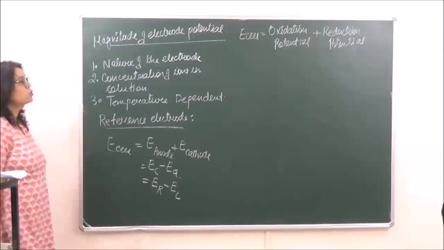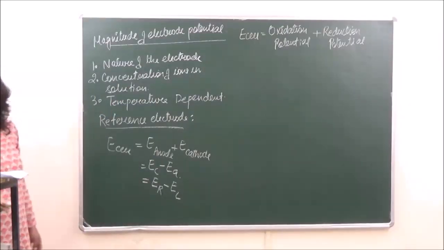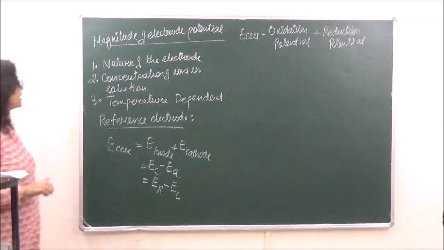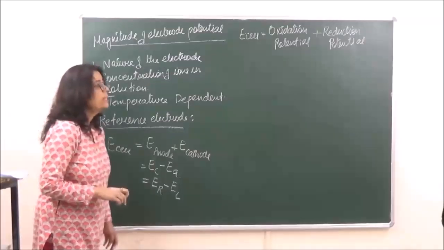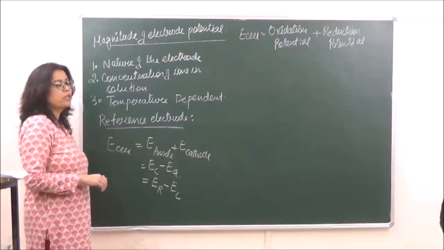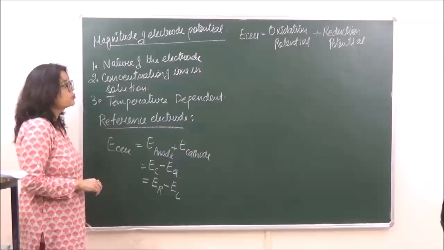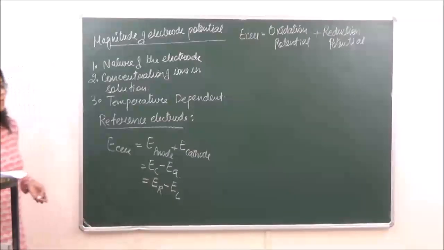So E cell can also be written as oxidation potential plus reduction potential. Now, knowing the value of the reference electrode, we can calculate the value of any metal. So one reference electrode which we are going to discuss today is the standard hydrogen electrode or normal hydrogen electrode, which is known as SHE.